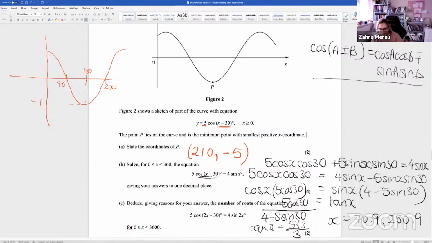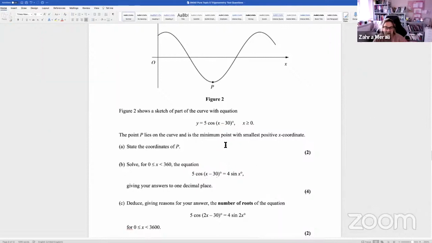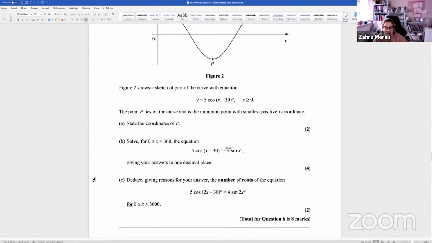Right, deduce, giving reasons, the number of roots. Let me do, so we can see there's 2 roots, and I'm just going to clear it so I've got some space. Right, the number of roots of the equation, okay, I can see what they've done here.